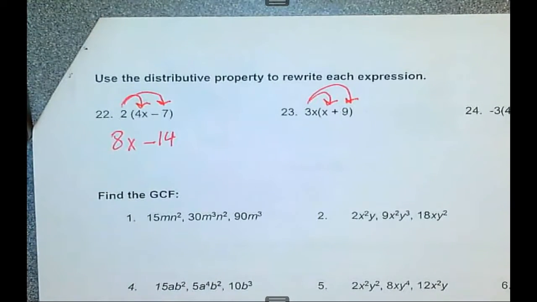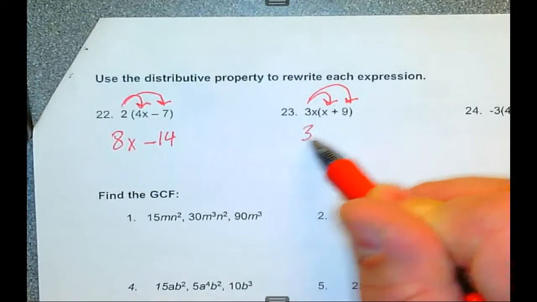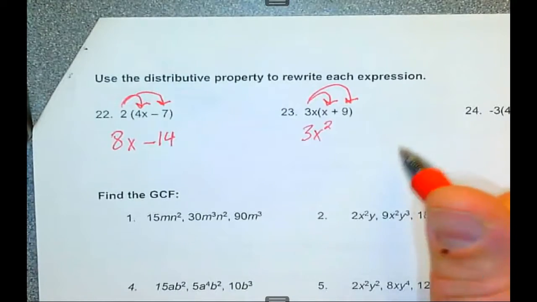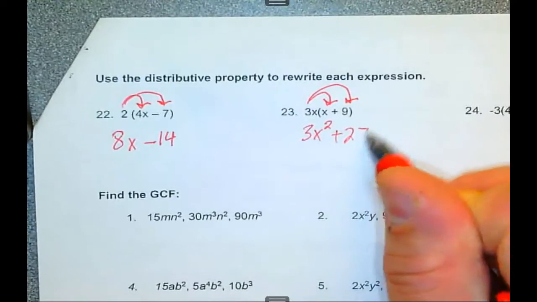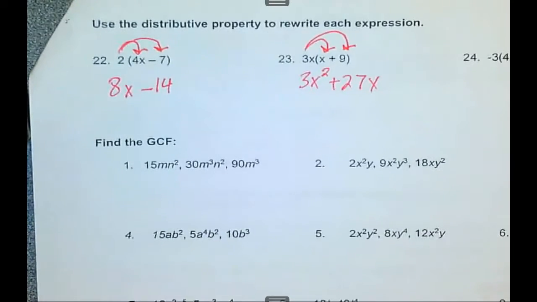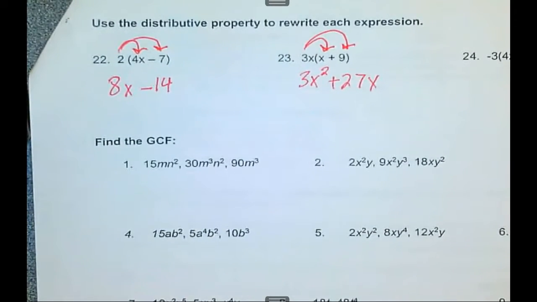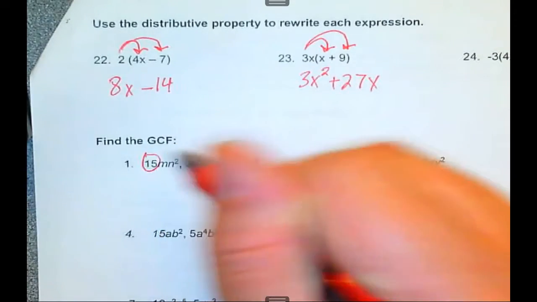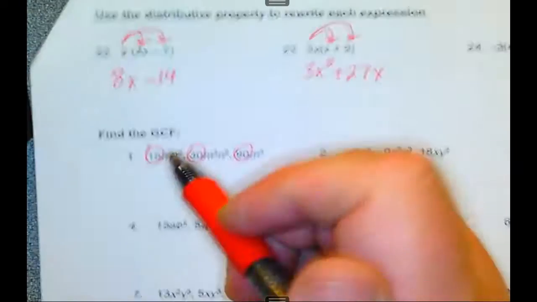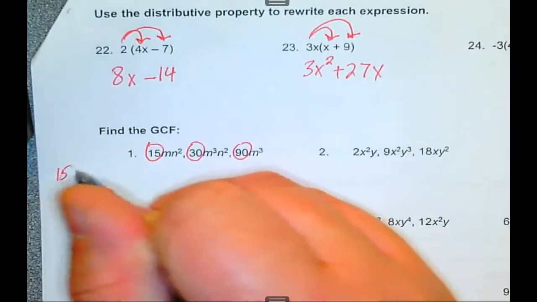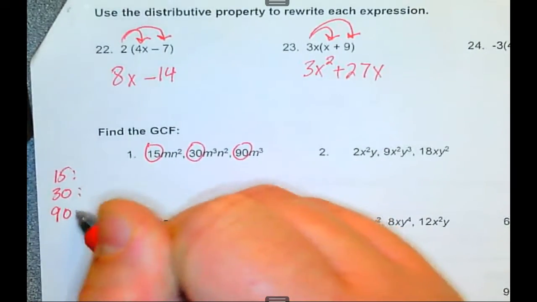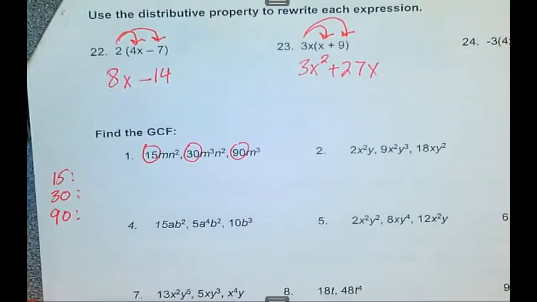Okay, so what we're doing is we're actually going the other way by taking out the greatest common factor. For instance, finding the greatest common factor, which we did yesterday, the first thing we did was we looked at the numbers, right? 15, 30, and 90. And we found the factors for each one of those.